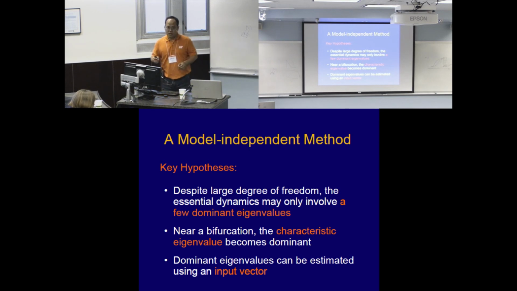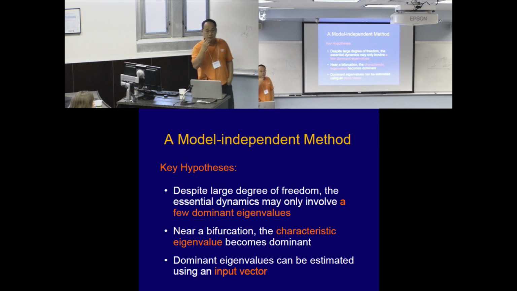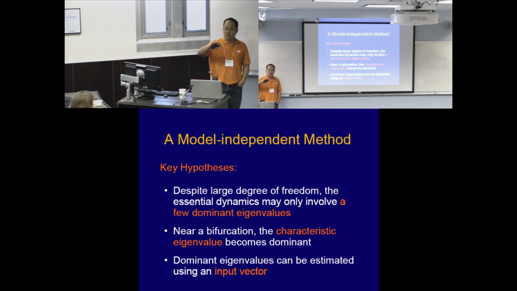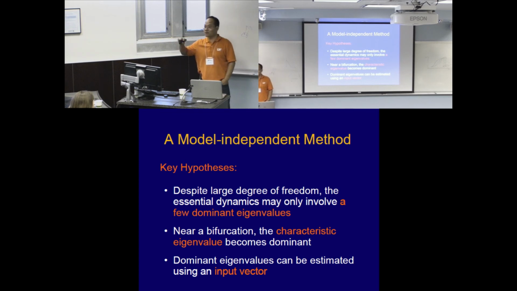In other words, the system may have many eigenvalues, but some eigenvalues are small. So those small eigenvalues will decay much faster. The larger eigenvalues will take a longer time to die out to eventually come to this periodic orbit. But the smaller ones will quickly die out.